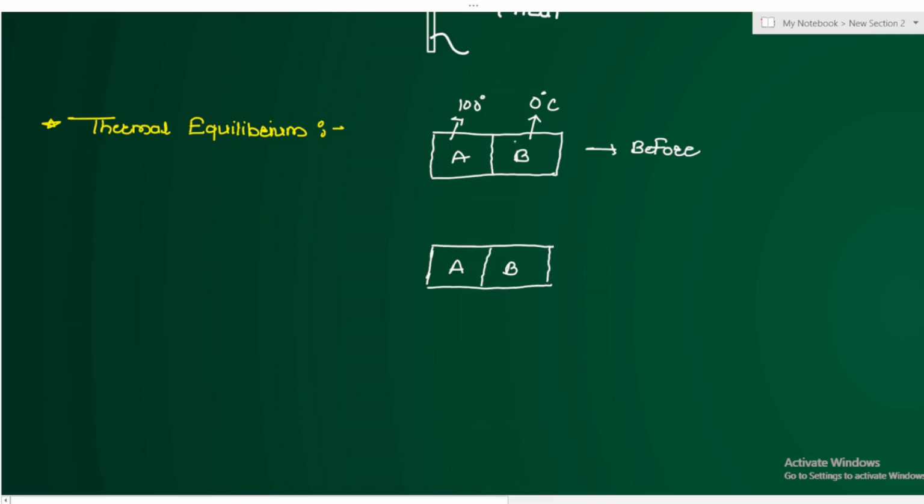So A will give heat to B, and after some time they both will have the same temperature, which is 50 degrees Celsius. When they both attain 50 degrees Celsius, after that there is no heat exchange between A and B. Neither will A give to B, nor will B give to A. So this is the after condition.